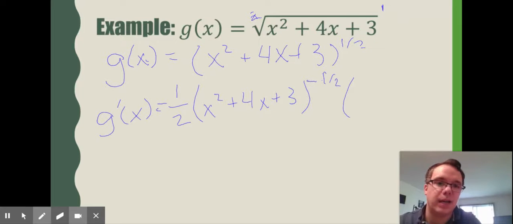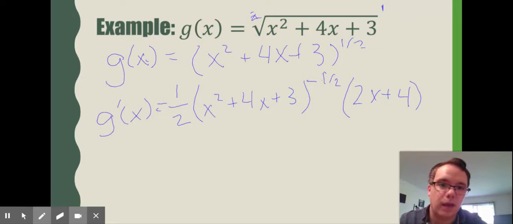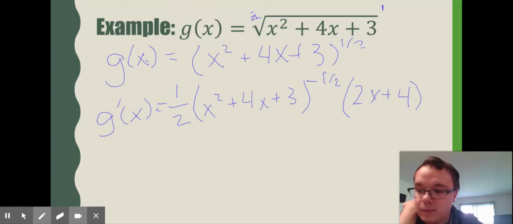And I'm going to times it by the derivative of what's inside the parentheses. So the derivative of x squared is 2x to the first, the derivative of 4x is 4, and the derivative of 3 is 0.